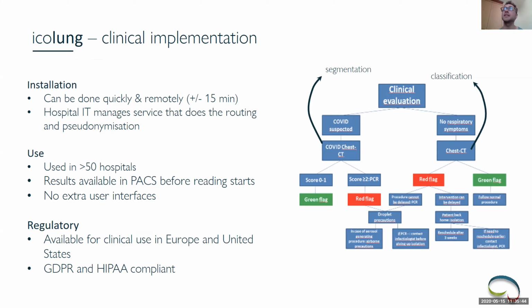I'm just mentioning this because I think it's important for you as people working in the field of AI, that if you apply AI in a clinical, in a medical context, there are some other aspects to also take care of, like the medical device regulations and the privacy regulations.